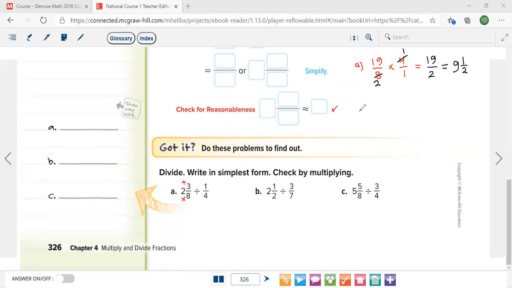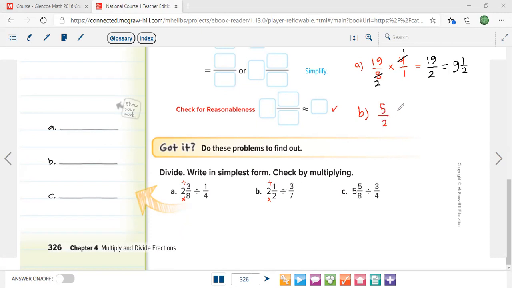Now for problem B, also we transform the mixed number into an improper fraction: multiply, then add from down to up. 2 times 2 is 4 plus 1 is 5. So this is 5 over 2.